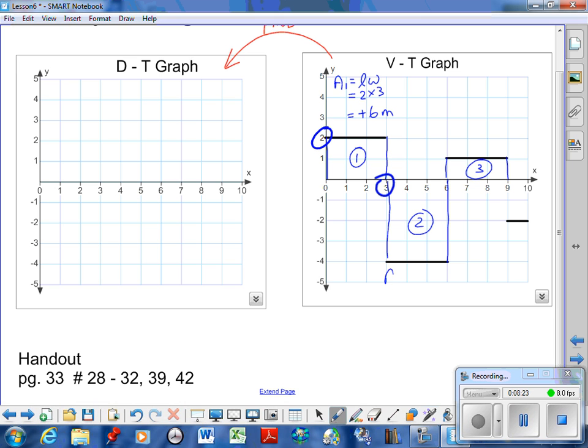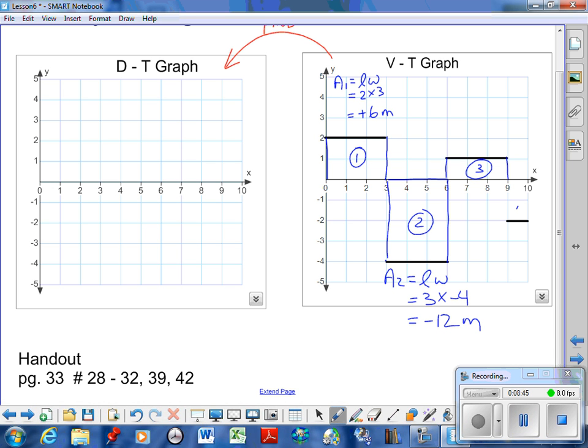If we move to area 2, though, again, it's a rectangle. Length times width. So if you'd say this is the length, it goes for 3 seconds. Okay. The height of it, though, is -4. So it's equal to -12 meters. Finally, and we'll talk about what that will look like.